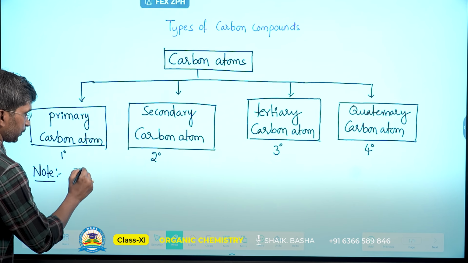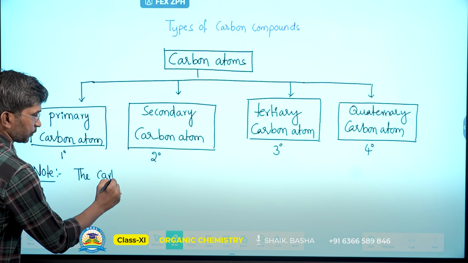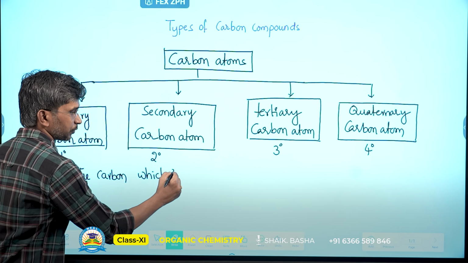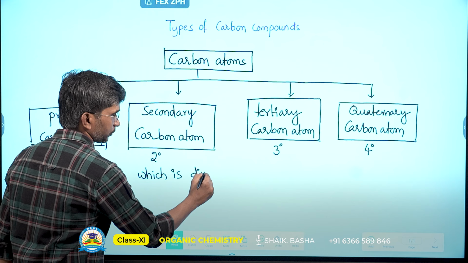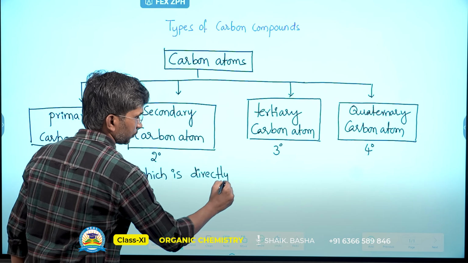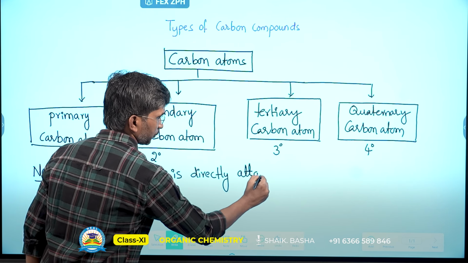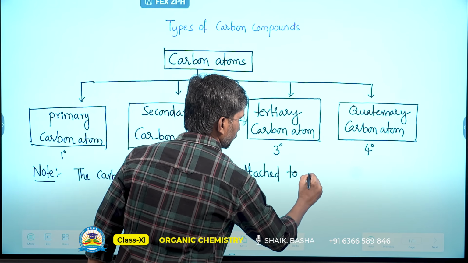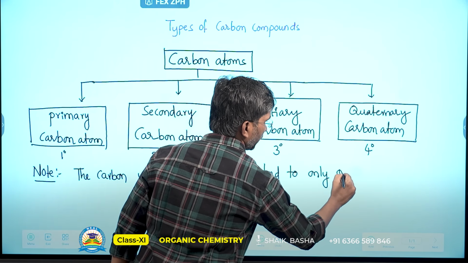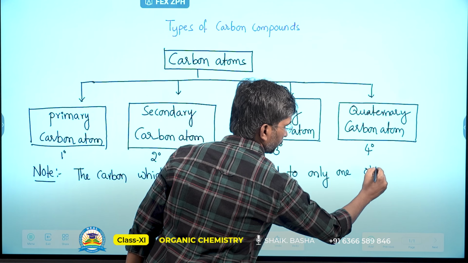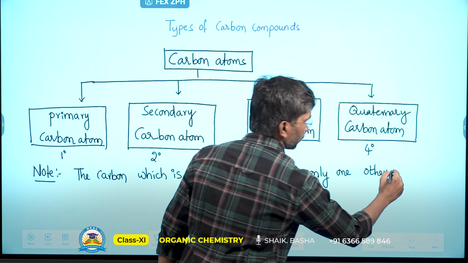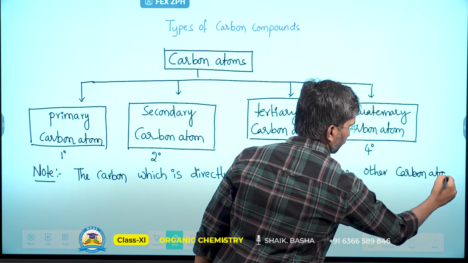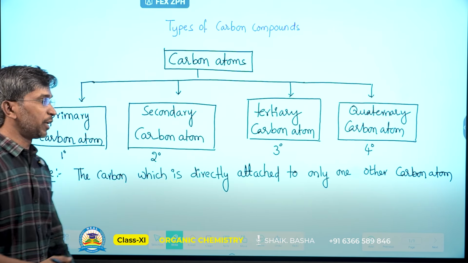The carbon which is directly attached to only one other carbon atom is known as primary carbon.